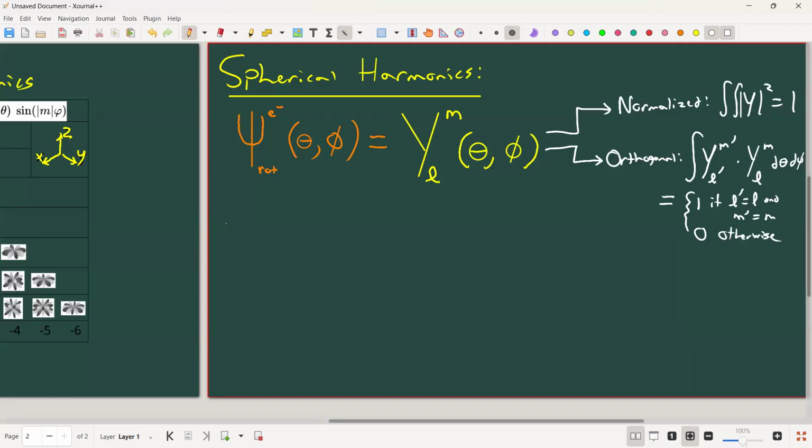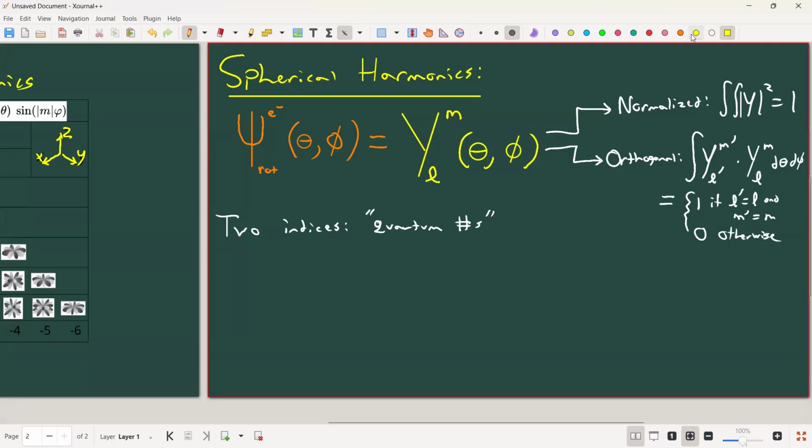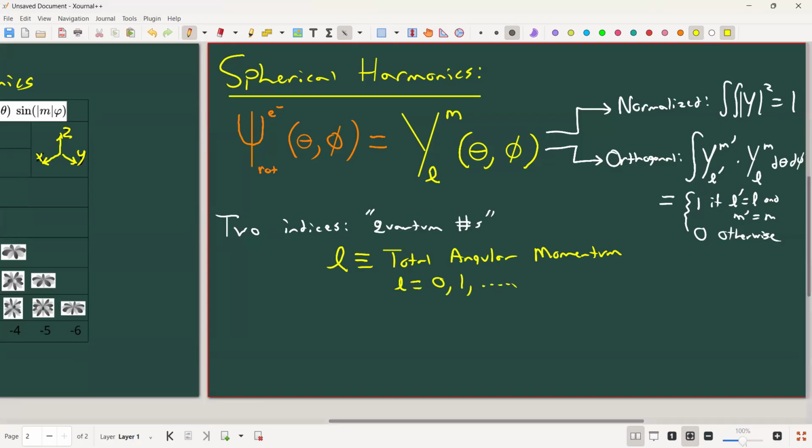They have two indices, as I wrote before, which we call quantum numbers. There's L, which is called the total angular momentum. And L can be 0, 1, and any other positive whole number.